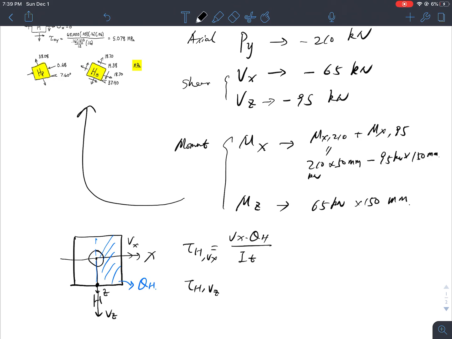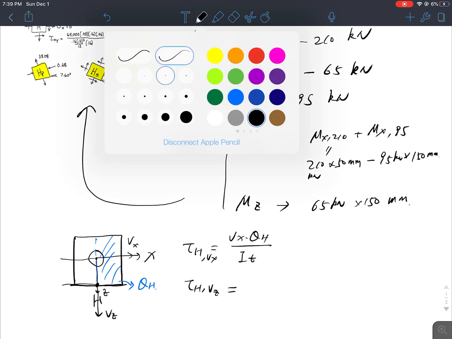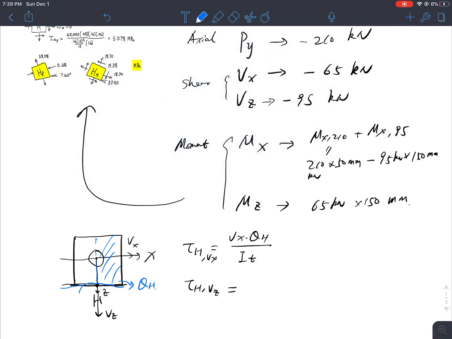What is the shear stress generated on H from Vz, which is this way? Going this way, I'm on the edge. Don't forget, I'm on the edge. So Q_H for Vz equals 0. So this is a big 0.